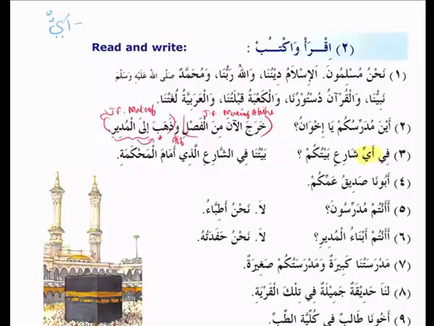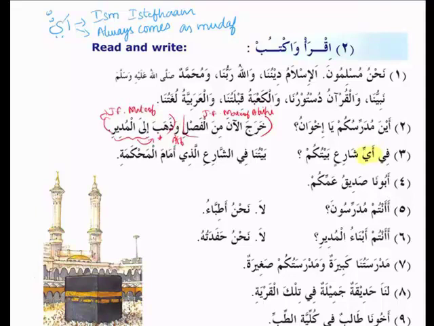First of all, it is an ism, it is an ismu istifham, and it always comes as mudaf, and it takes all three i'rab. It can be ayyu, ayya, or ayyin.